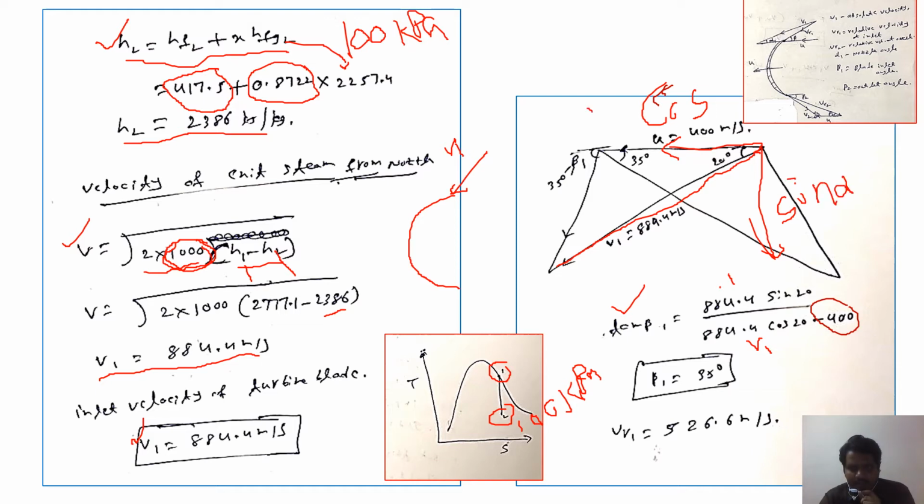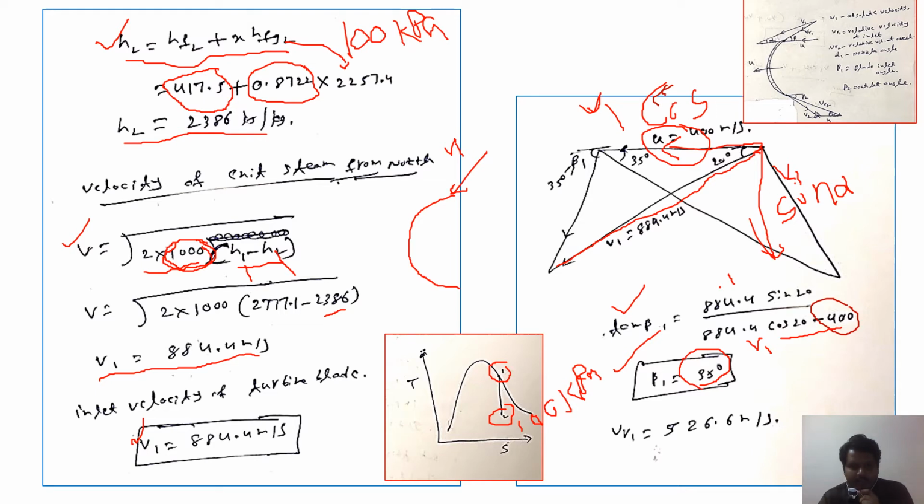The same thing I have written here. V1 cos alpha is there and U is also there. So that's why in the denominator I have written minus 400. So from this equation we can find the beta value. Beta is the blade angle, 35 degrees.